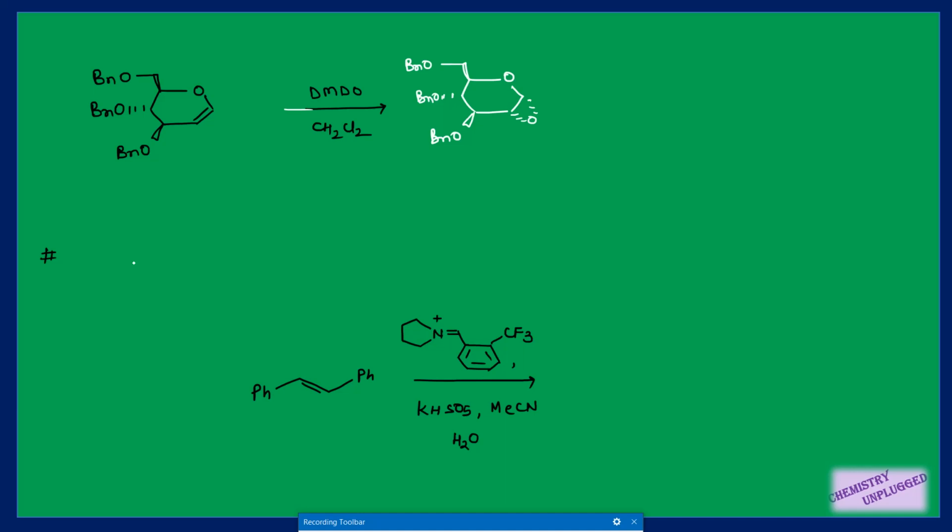Last epoxidizing agent is oxaziridine. They are also good epoxidizing agents. I am telling you these different types of epoxidizing agents here in this video, because in the past years there have been lots of questions on MCPBA, and there are very good chances that in future they may give you a different type of epoxidizing agent, right?